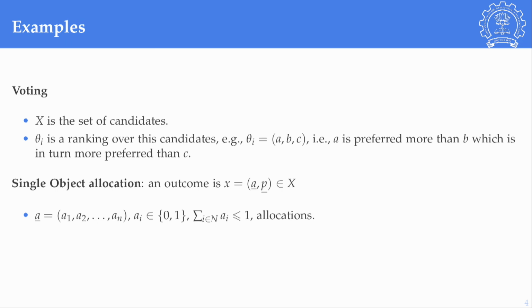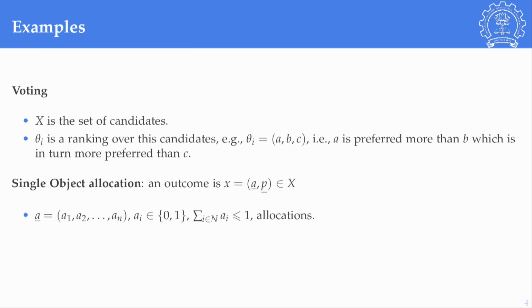What does this first vector mean? Let us say these are a vector of length n. Each of these entries takes value 0 or 1, denoting whether that agent has owned that object or did not win that object. And naturally, we also need the condition that the sum of these a_i has to be less than or equal to 1. If the sum is 0, that means the item is not sold. That is also a possibility.